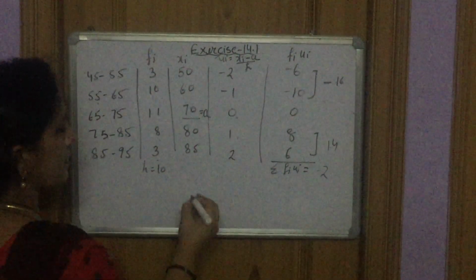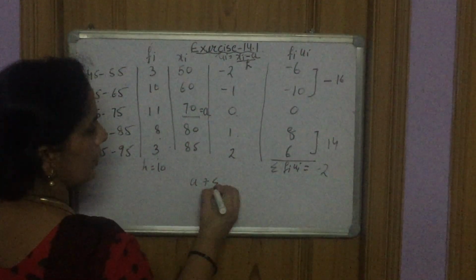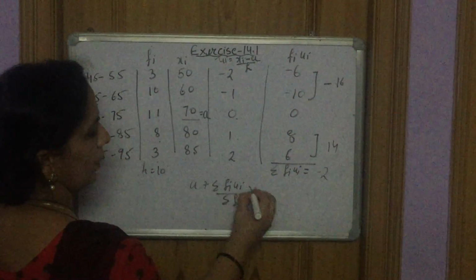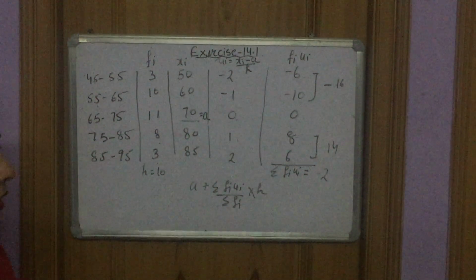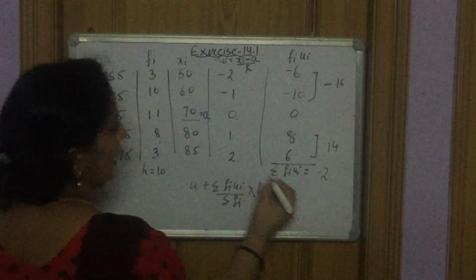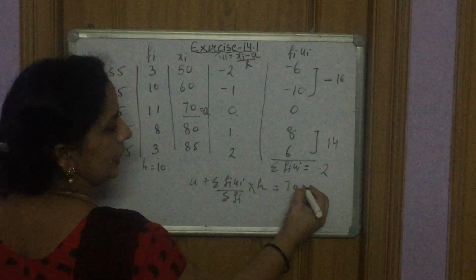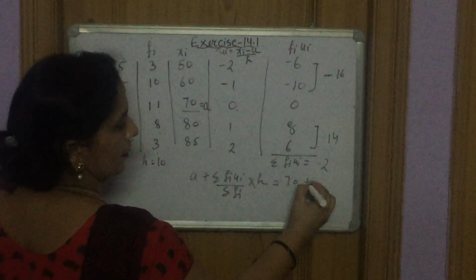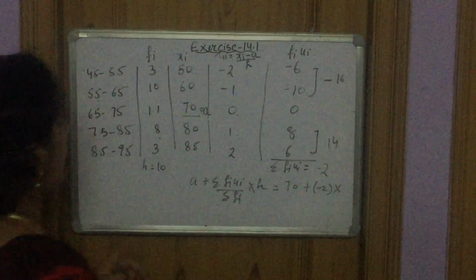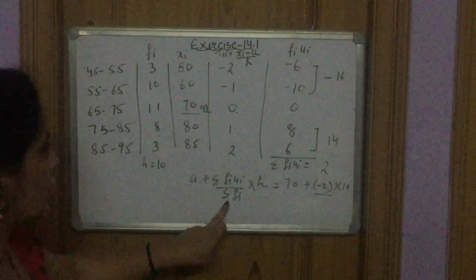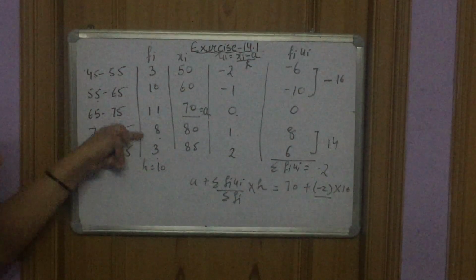Our formula is a plus summation fi ui divided by summation fi, and multiply by h. Put all the values. A is 70, summation fi ui is minus 2, h is 10, and divide by summation fi, which is the sum of these terms.